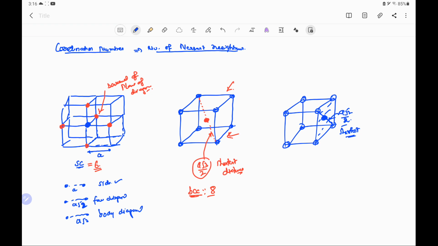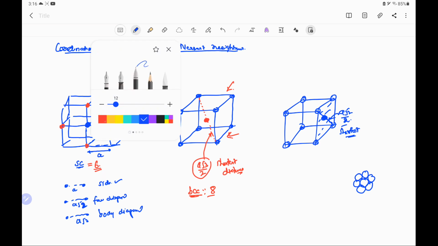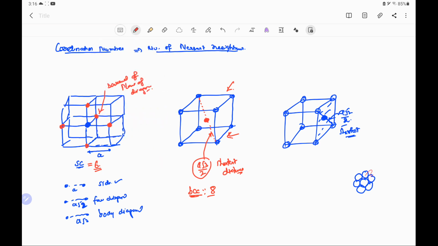For this, we can find the nearest neighbors using an alternate method. That is, if we take an atom, then in close proximity we can make 6 atoms or spheres which are close packed. And similarly, in the second layer, the voids which are above can be covered by 3 spheres.